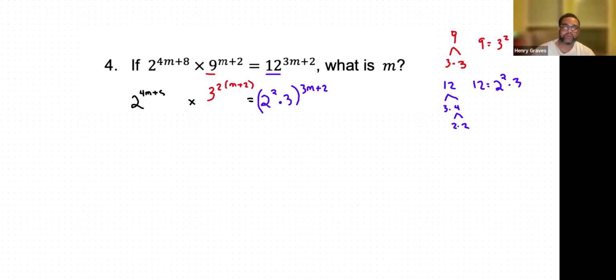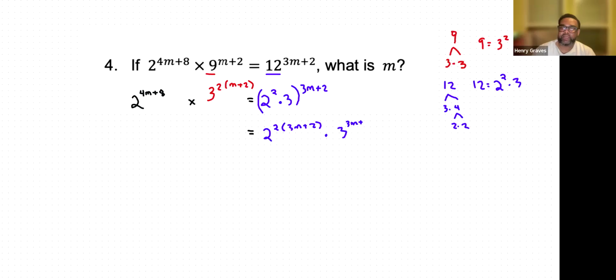Now I'm going to go ahead and distribute the exponent on the other side here, on the 2 to the second power and the 3. So I'm going to have equals, trying to keep my colors consistent, 2 to the second power raised to 3m plus 2 times 3 to the 3m plus 2.